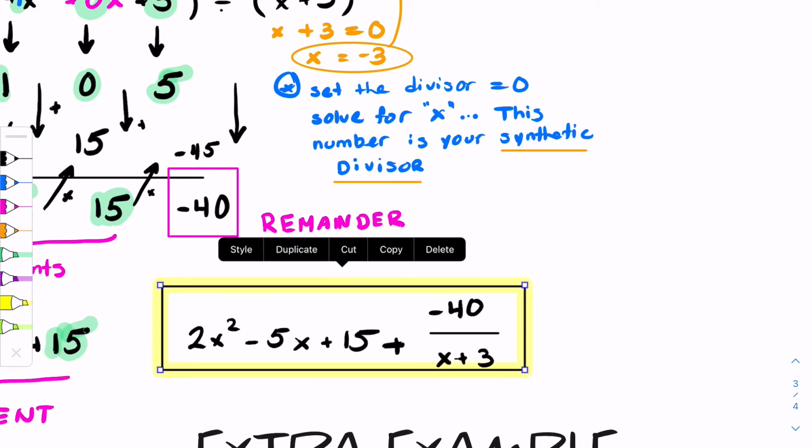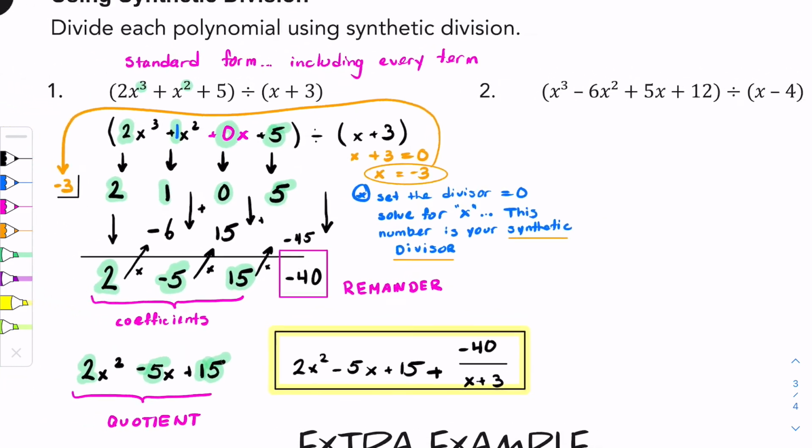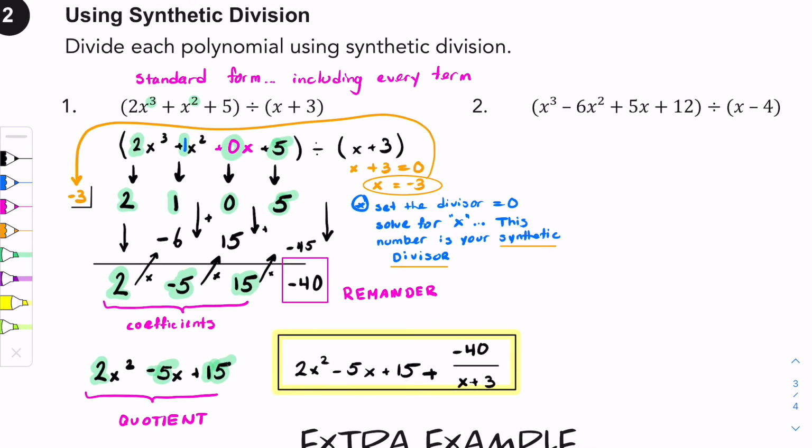Okay, these problems seem like they're crazy and probably difficult at first, but synthetic division is actually much faster than long division. The only thing is that synthetic division only works when you end up with a remainder of a constant number, so meaning a remainder with no variable.